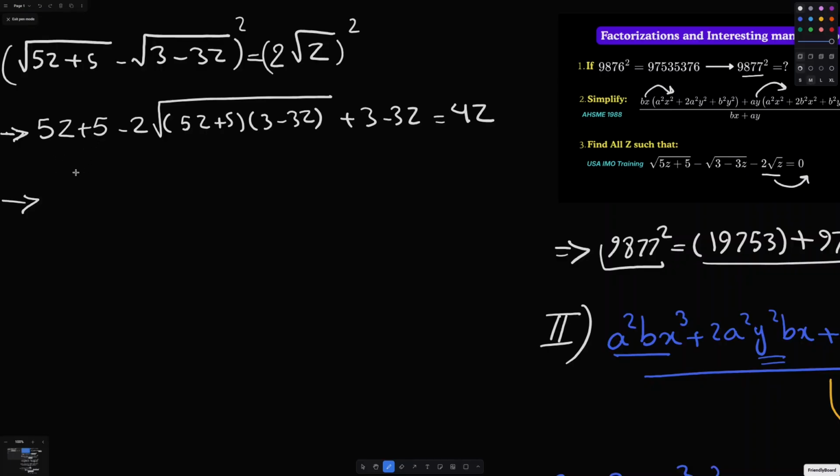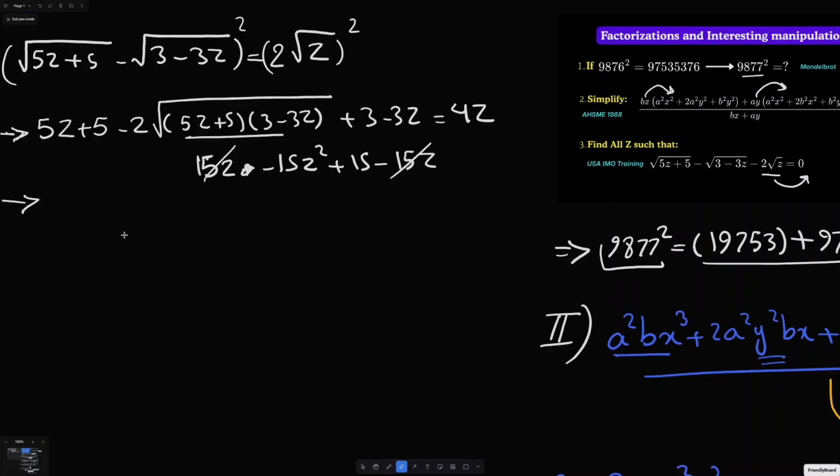If you just multiply this, I have 5z multiplied by 3, it's going to be 15z plus minus 15z2. Then I have a 15 here, then I have a 15z there. These are going to go away with each other.